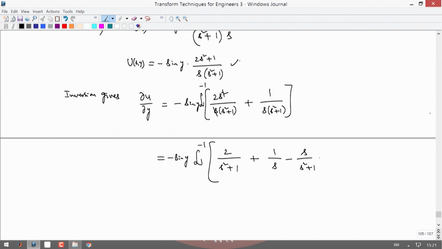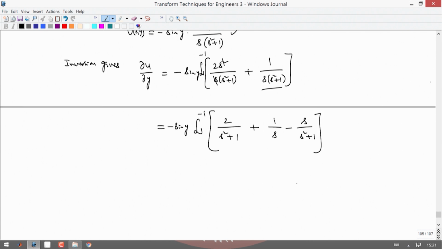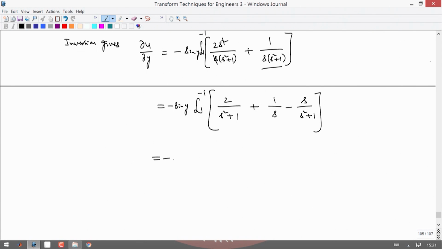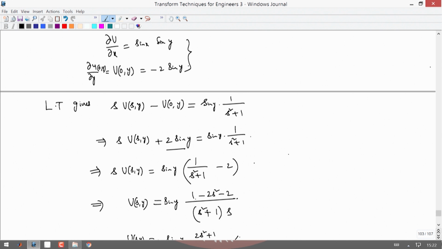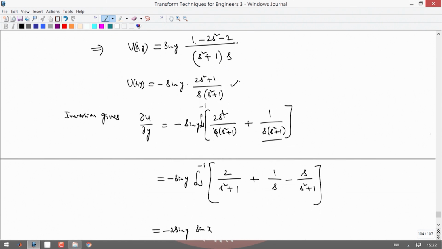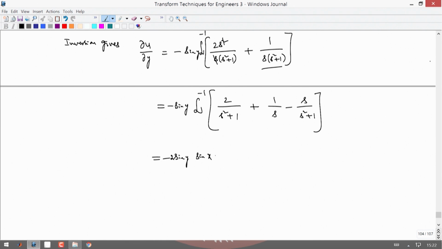So, this term is actually the sum of these two. So, this is nothing but minus sin y, 2 comes out because of this, and you have sin x, we did Laplace transform with respect to x, okay. Because of that, inversion will give you sin x.